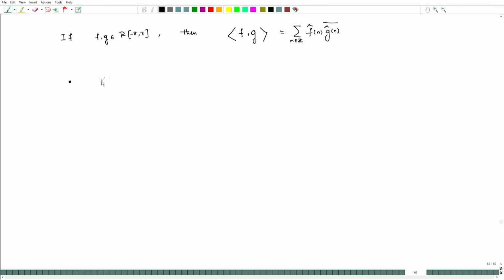We can write that norm of f plus g squared, where I am taking the norm of f by definition as the inner product of f with f, minus norm of f minus g squared, plus i times norm of f plus i g squared minus i times norm of f minus i g squared, is equal to 4 times the inner product of f and g.